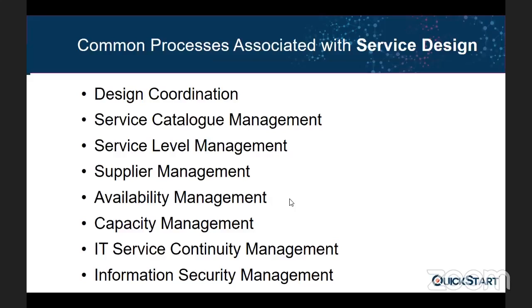There's another process in this design stage which is information security management. As the name suggests, here we want to make sure that our services are secure. For example, customers are coming to our website to do some shopping. Is our website secure? Is their information secure? This particular process deals with confidentiality, integrity, and availability.